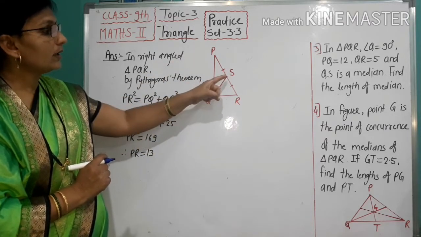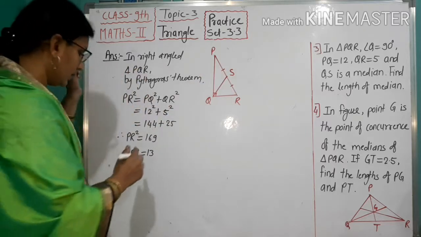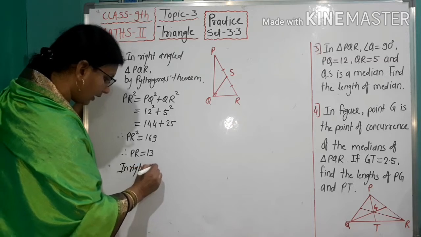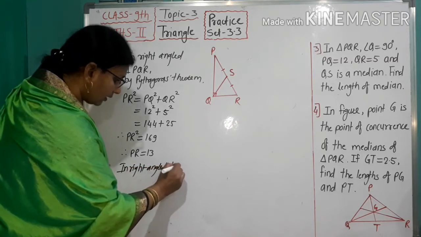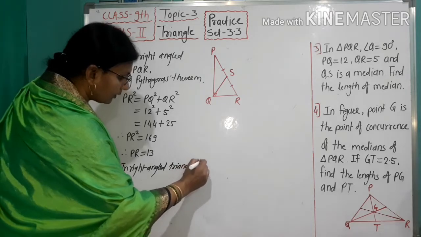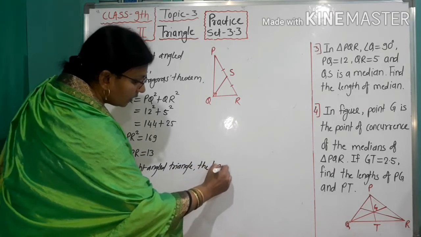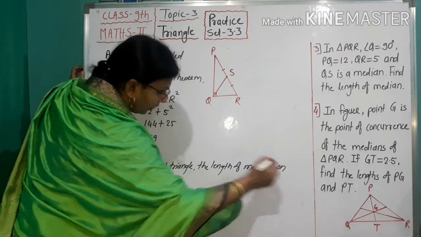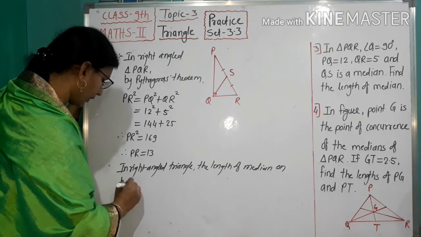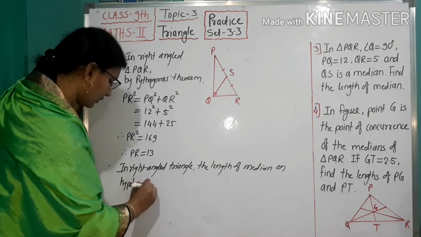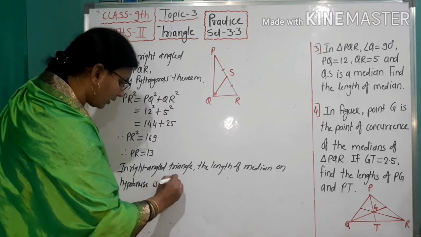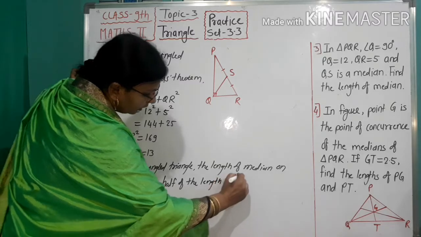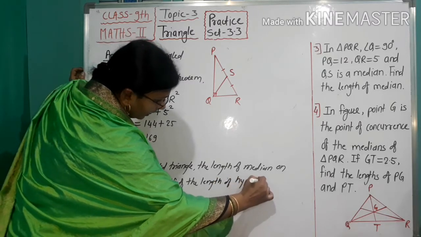QS is the median on the hypotenuse. So, in a right angle triangle, the length of the median on the hypotenuse is half of the length of the hypotenuse.